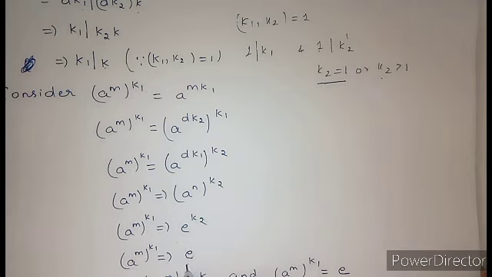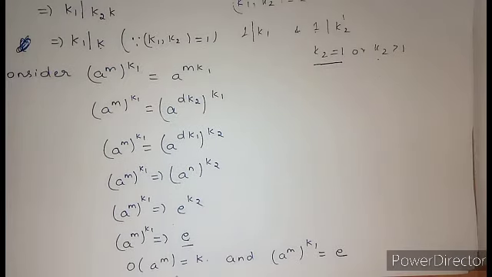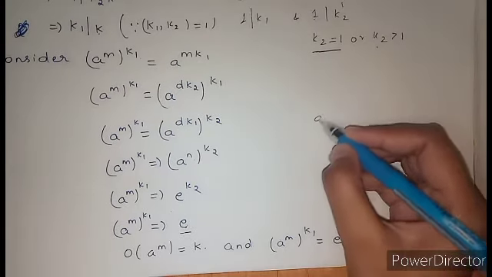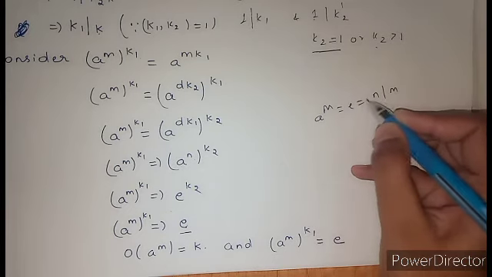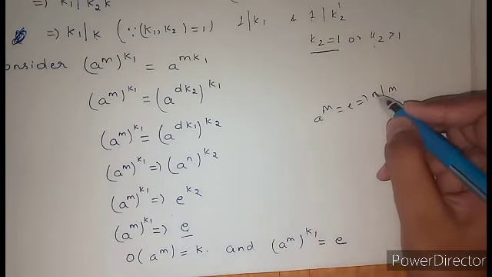Next, e power anything is e. We have assumed that the order of a^m is equal to k, and we have got (a^m)^k1 is equal to e. If a^m is equal to e, then n divides m. Likewise, the order of a divides m.